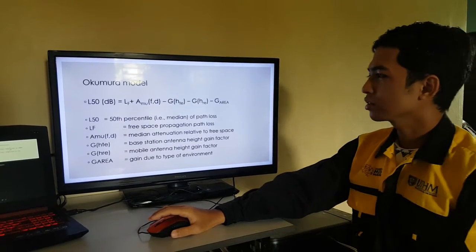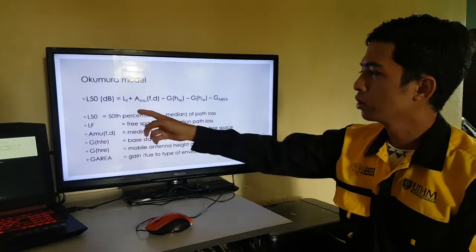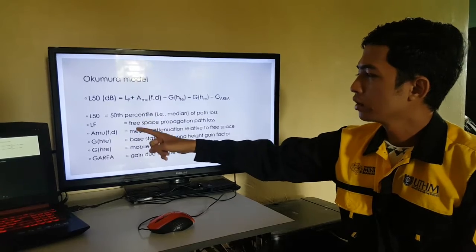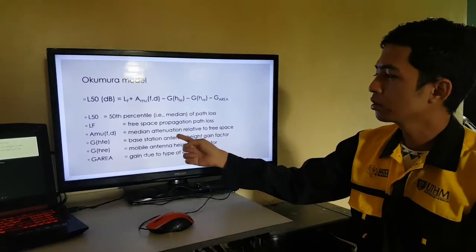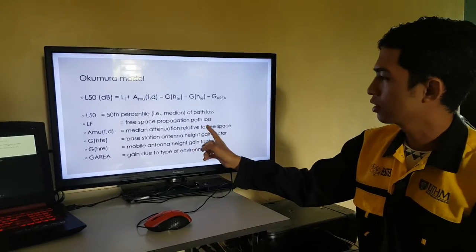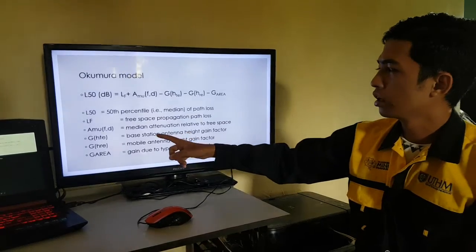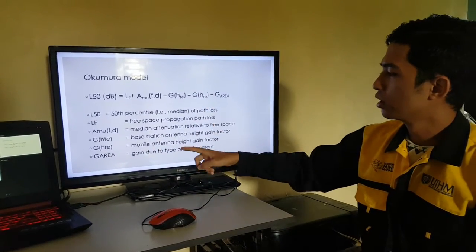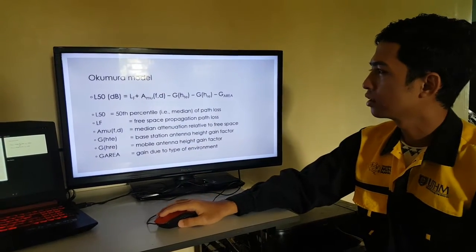Then for the Okumura model, we use this formula to get the result. LF is the free space propagation path loss, AMU is median attenuation relative to free space, GHTE is base station antenna height gain, GHRE is mobile antenna height gain, and G area is gain due to type of environment.